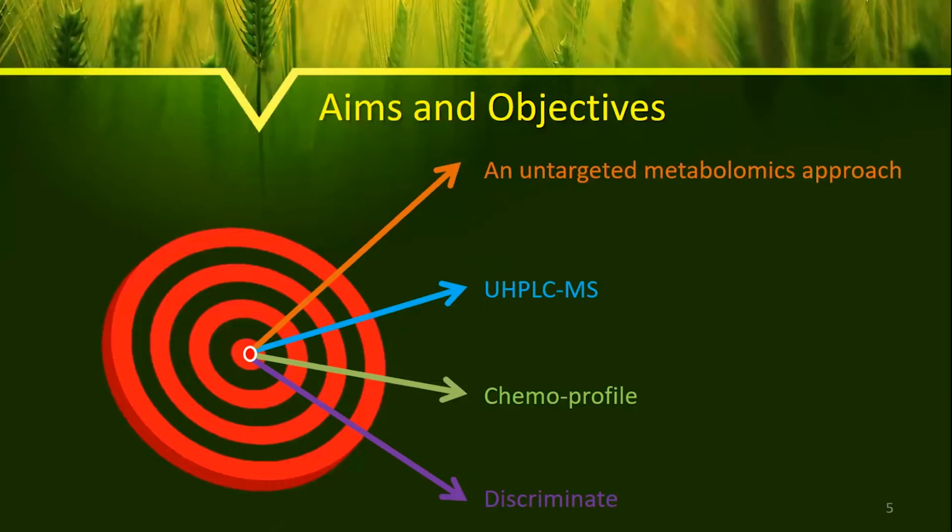So in this study, an untargeted metabolomic approach based on ultra-high performance liquid chromatography hyphenated to high-resolution mass spectrometry was employed for chemoprofiling and discrimination between 5 genetically related and unrelated cultivars of barley from the Western Cape rainfall region of South Africa.